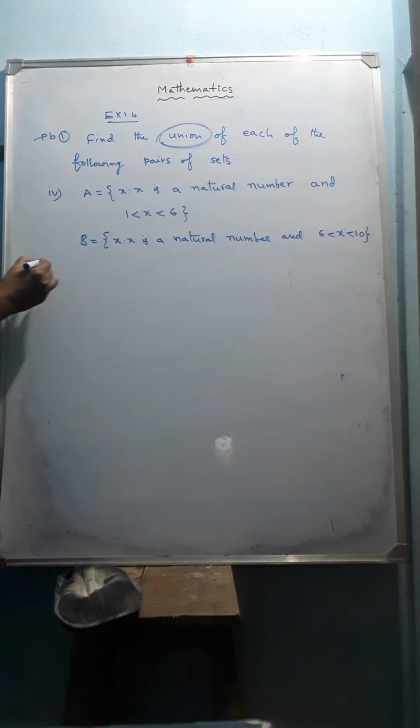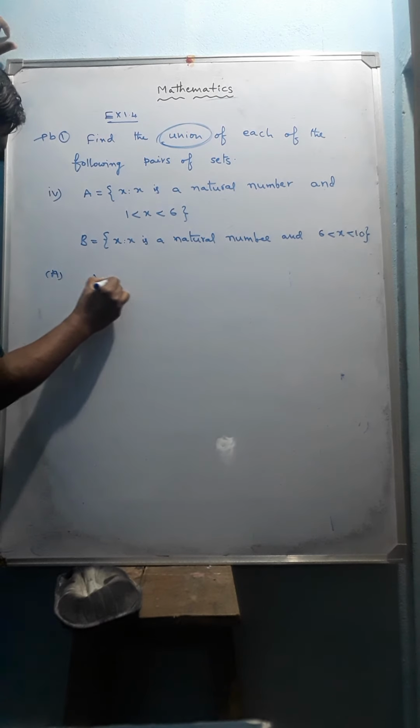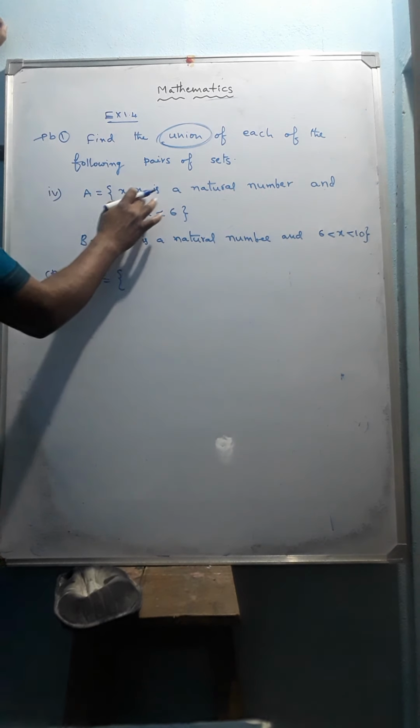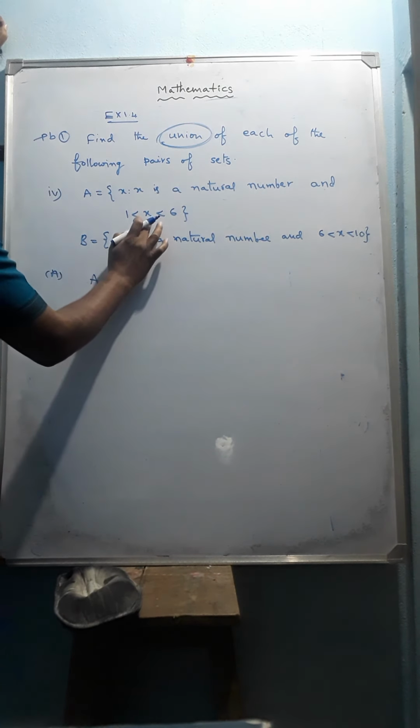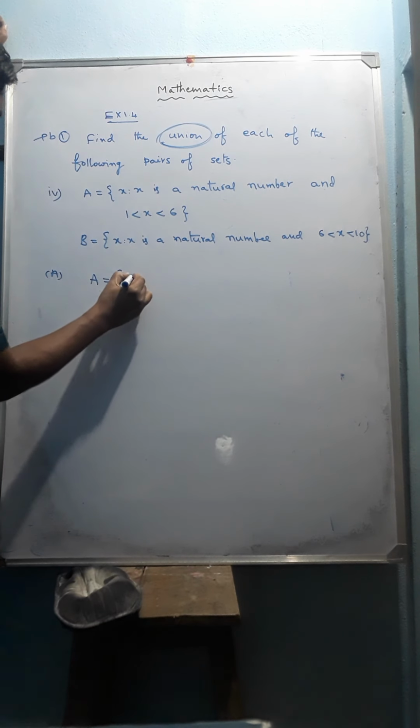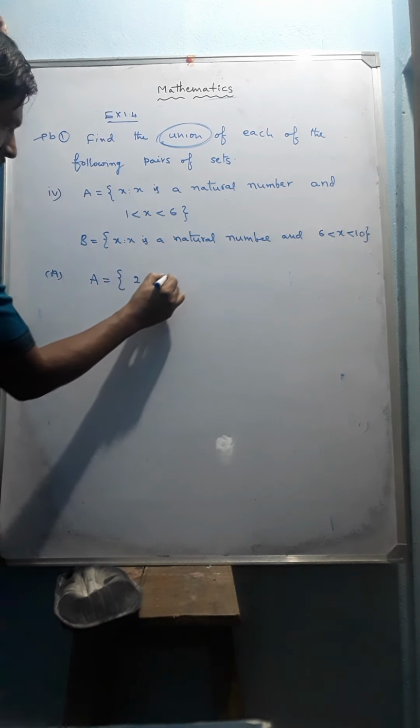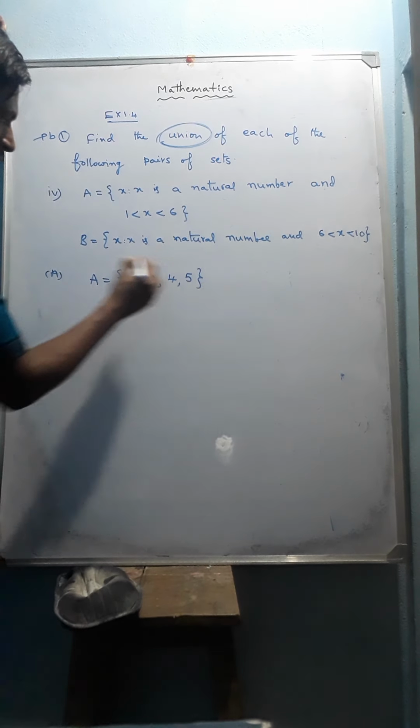Okay, answer. So these two sets are in set builder form. You change them to roster form. Then A is equal to the set of, so x is a natural number and that x value is between 1 and 6. Between means 2, 3, 4, 5.